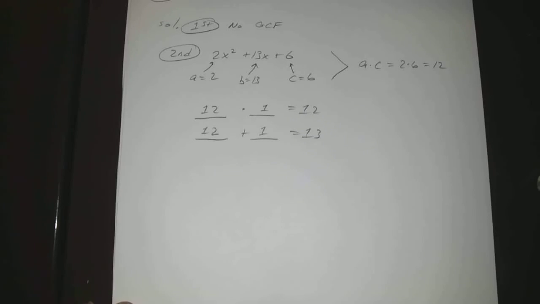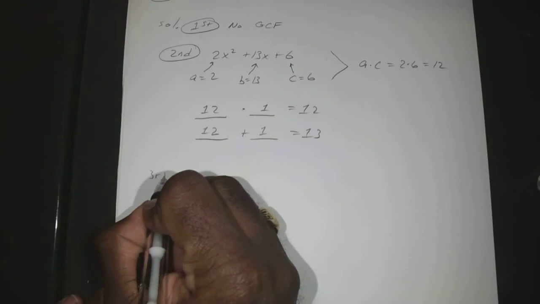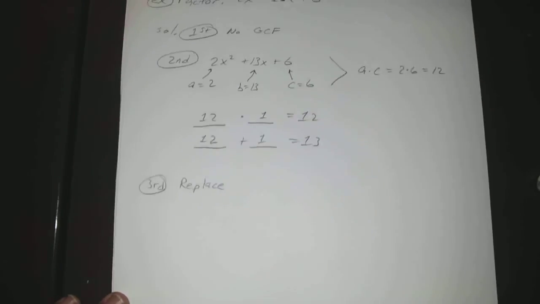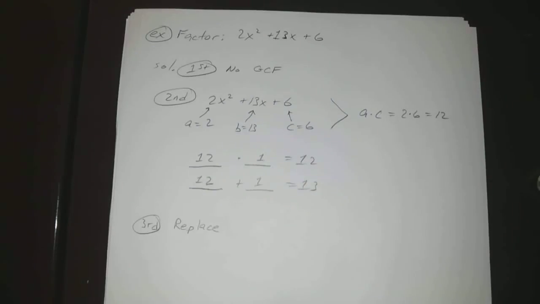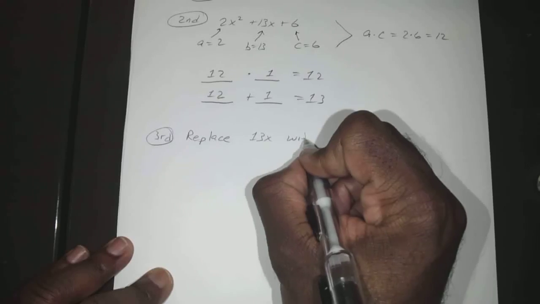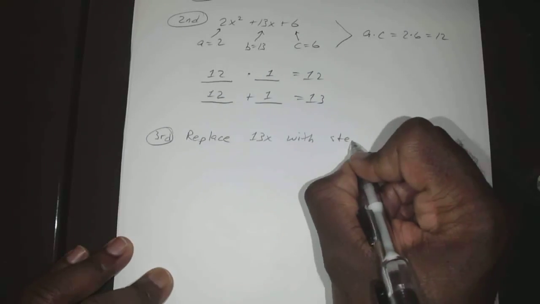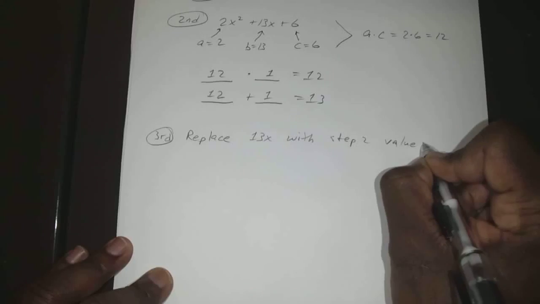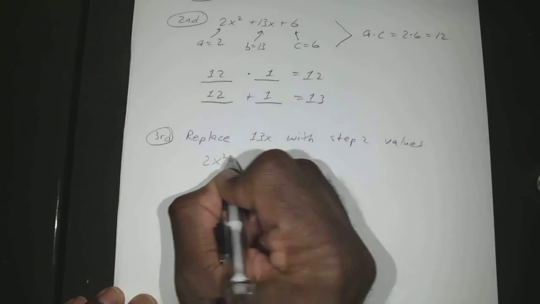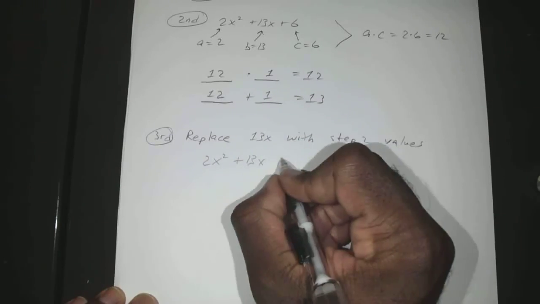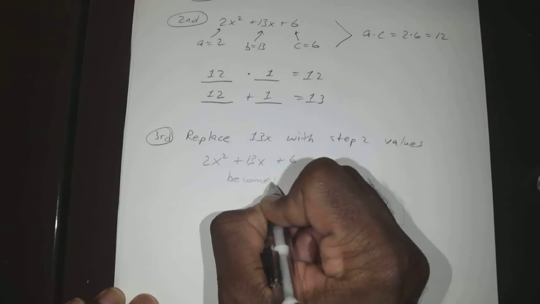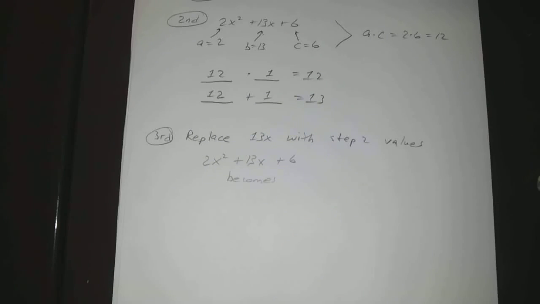Okay, so now we go to our third step, where we're going to replace our b times x, which in this case is our 13x. So we replace 13x with the step 2 values. Okay, so that means where we started off with 2x squared plus 13x plus 6 will now become, running out of pencil lead there.